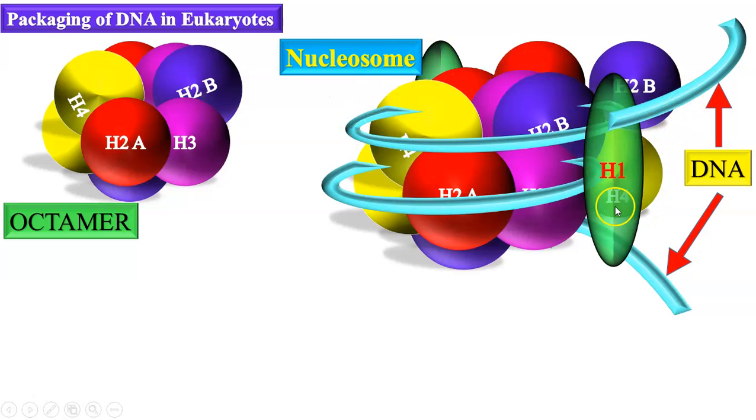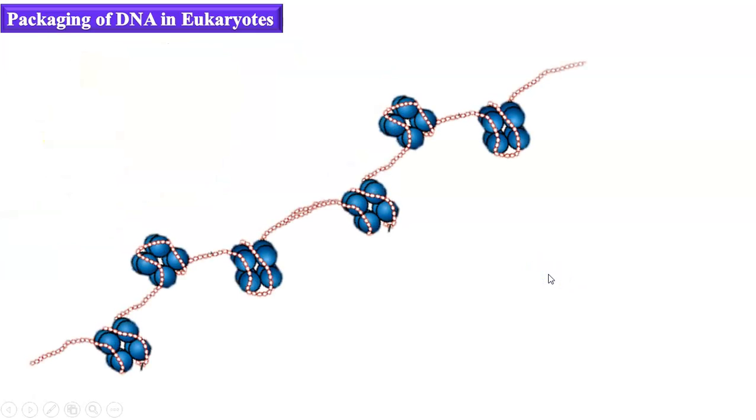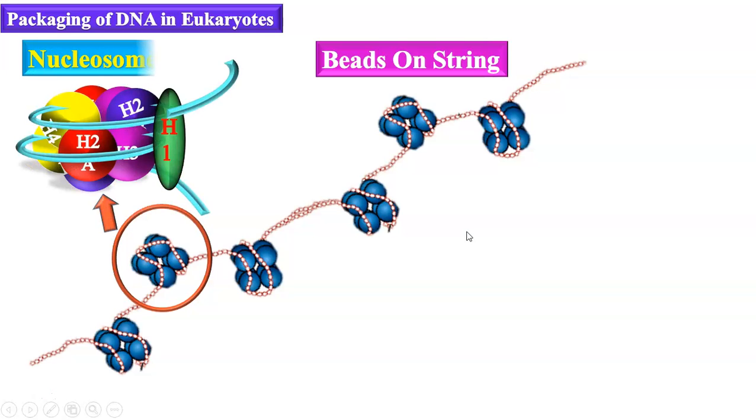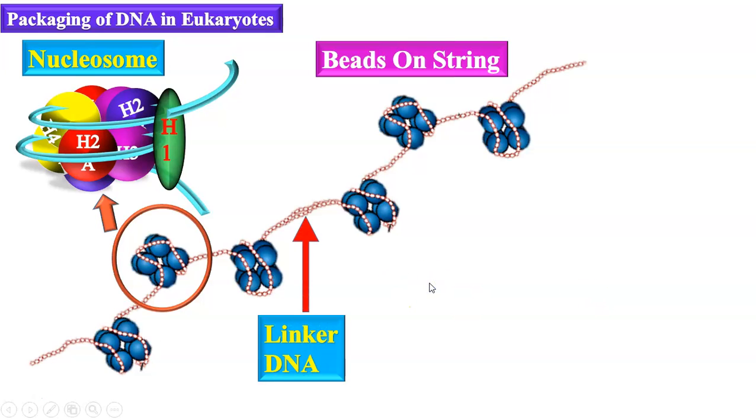The DNA helix which wraps around the octamer takes 1 and 3/4 turns. These nucleosomes are repeated units of chromatin, and the entire structure looks like beads on a string when observed under an electron microscope. The part of the DNA between 2 adjacent nucleosomes is called linker DNA.